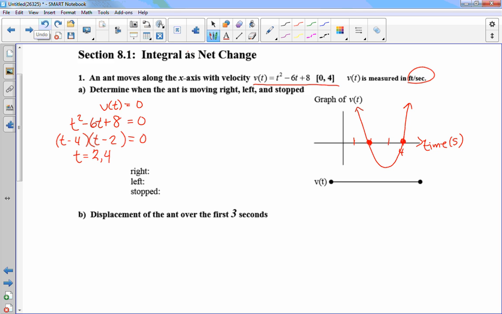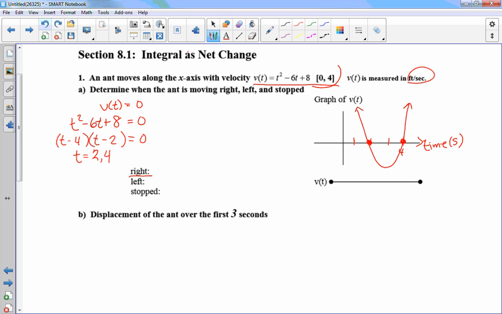Okay, so determine when the ant is moving right, left, and stopped. This is the velocity function. What does the velocity function look like when we're going right? Positive, above the x-axis. Okay, when is the ant going right? On what interval? And look at this interval of time too.